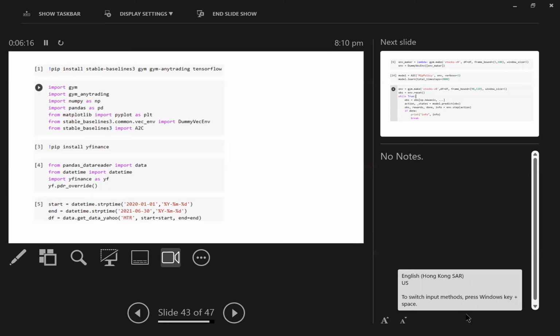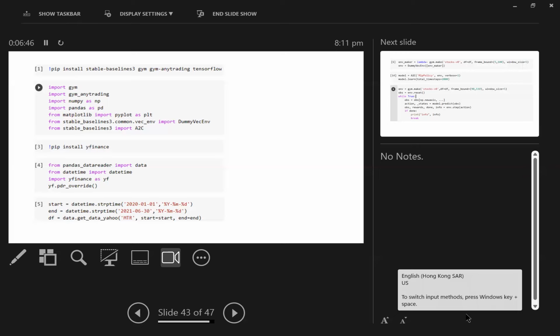In order to do that, we need to import a library called dummy environment. Forget about the details; the dummy environment will give the basic information about the environment. Remember, we need to tell the window size, where to get the data, that kind of thing, and this will be given to A2C so that it can create an environment.